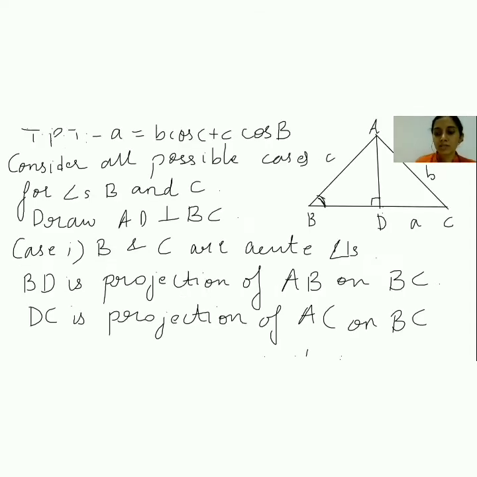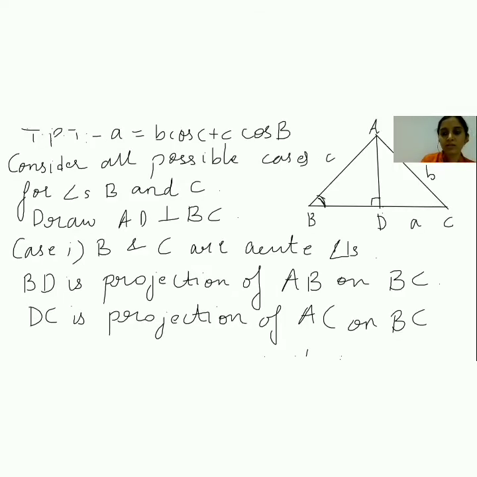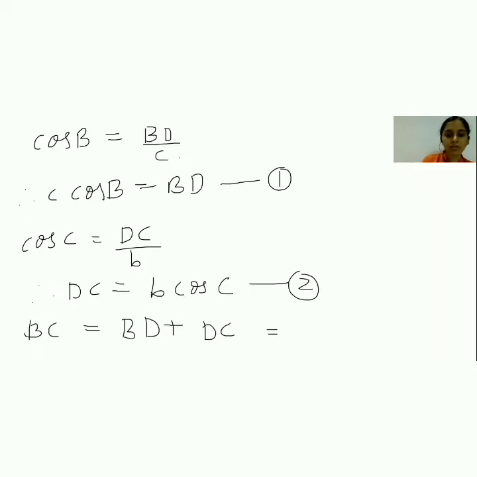We can say base BC is addition of BD plus DC, right? What is BD and DC? It is the two equations that we have found out. So that is C cos B plus B cos C, correct?